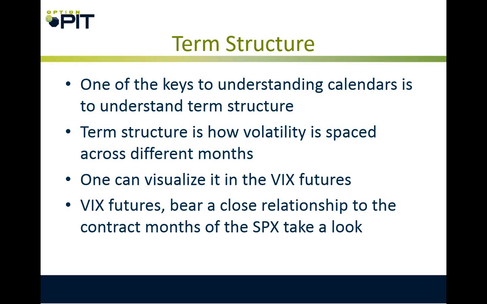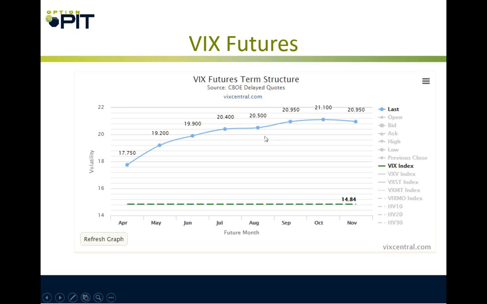So one can visualize term structure by looking at VIX futures. VIX futures bear a close relationship to the contract months and how different indexes trade against each other. I pulled this up on the close.